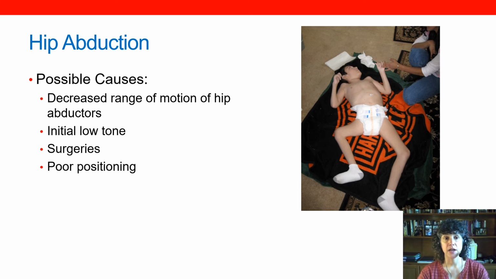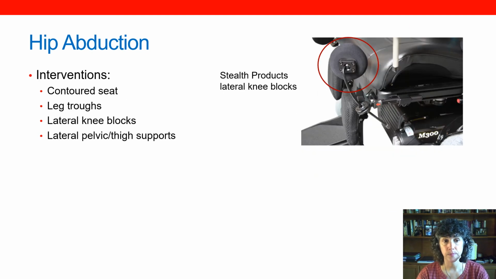If someone has excessive hip abduction, this could be due to a range of motion issue. It could be a result of poor positioning, an overaggressive hip surgery, or even some initial low tone, even if the client develops more extension later on. In this case, we can look at contoured seats again that have a lateral buildup to try to keep the lower extremities in line with the hips.